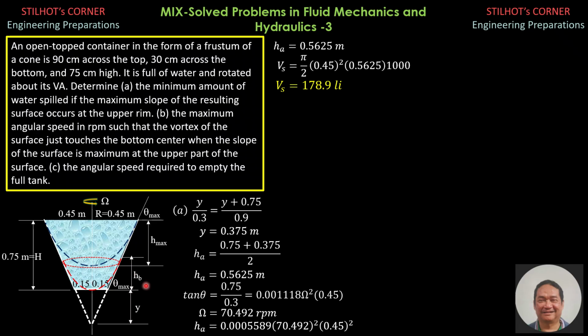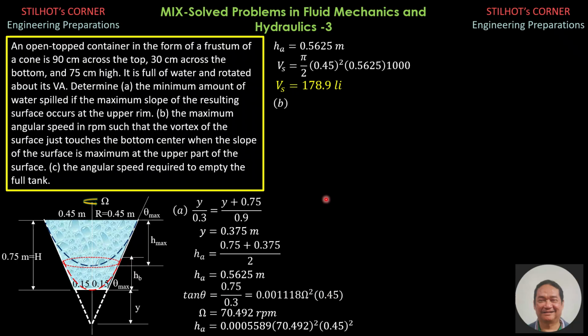So h sub B is automatic, 0.375 meter equal to y, and the radius at that part is the average. Because 0.375 is half of 0.75, you can obtain the radius by similar triangles, or shortcut, it is the average of 0.15 and 0.45, and that's 0.3. So that we can use this formula, tangent theta 0.75 over 0.3, which is also the slope of the tangent here, is equal to 0.0008 omega squared times radius, which is 0.3.